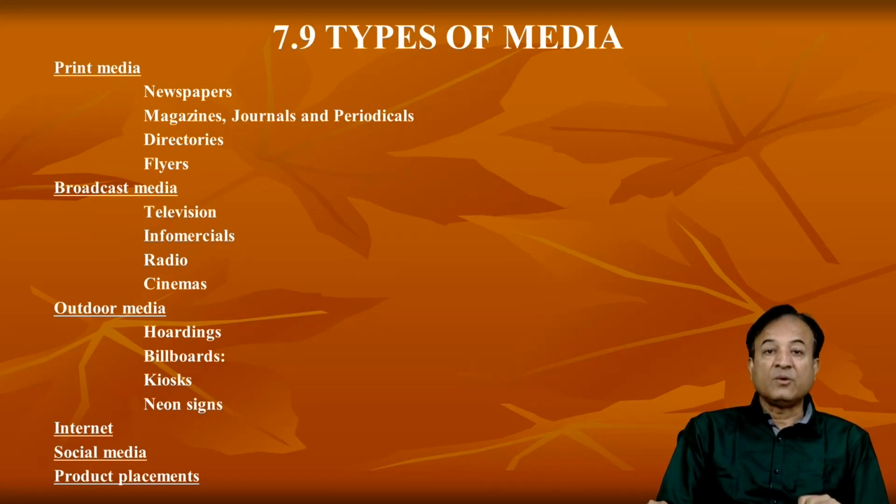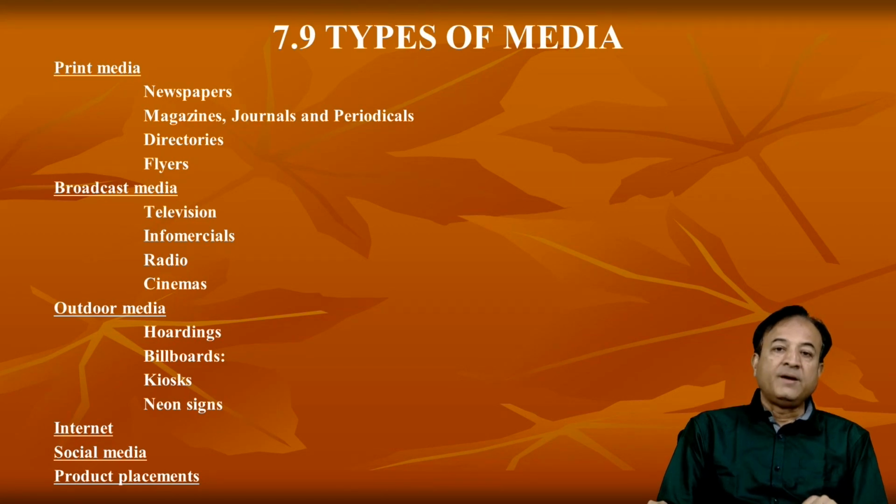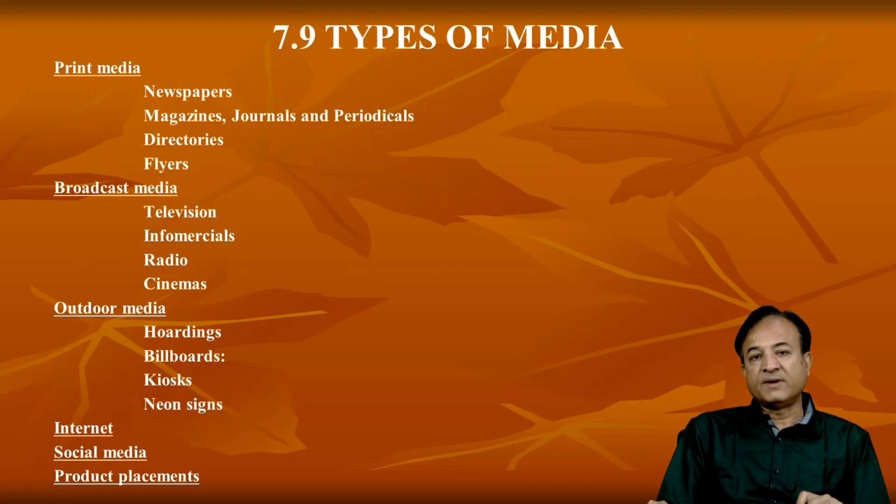Words are written with neon tubes and are planted on boards on buildings. Now, internet. It is one of the newest forms of advertising a product. Internet or online advertising, as it is also called, is gaining great importance nowadays.